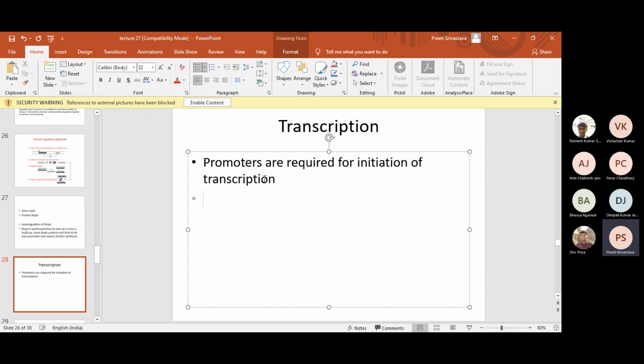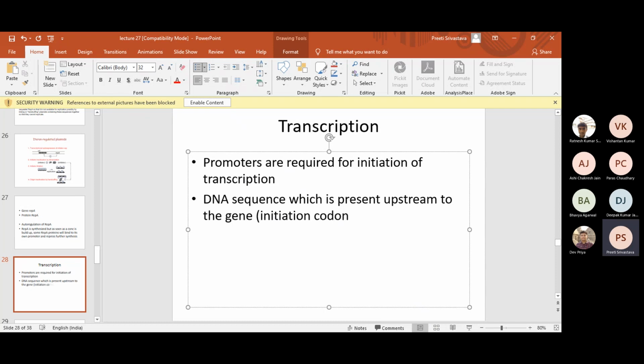So let us see what a promoter is. A promoter is a DNA sequence present upstream to the gene and the translational initiation codon.